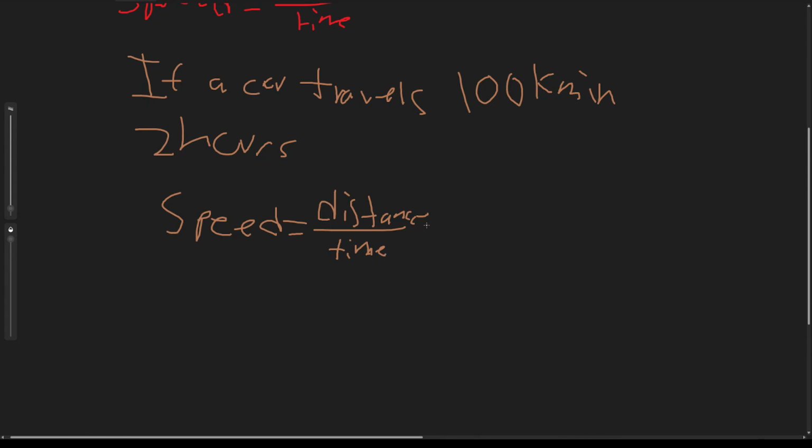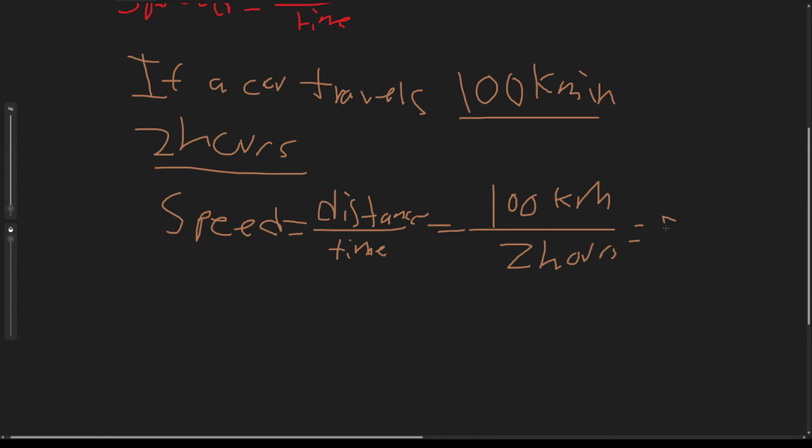So we input what we have. The question says if a car travels 100 kilometers in 2 hours, what is its speed? Well, we have the distance, which is 100 kilometers, and we have the time it took to travel that distance, which is 2 hours. So we just input 100 kilometers and 2 hours, giving us 50 kilometers per hour. So that's how you find the speed of things.